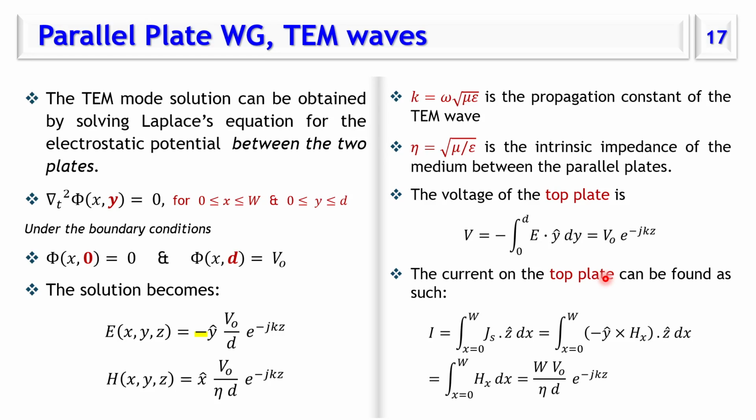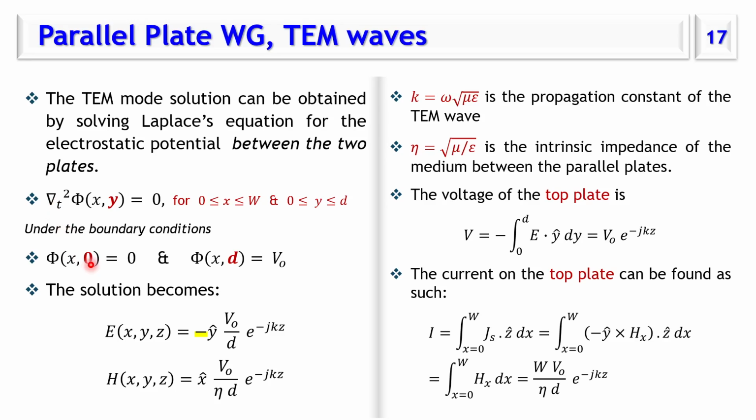In this case we have two conductors, so this structure can carry transverse electromagnetic waves. Mathematically, the solution for the TEM mode can be obtained by solving the Laplace equation for the electrostatic potential, because the TEM wave structure is similar to the wave structure in the case of a static field.